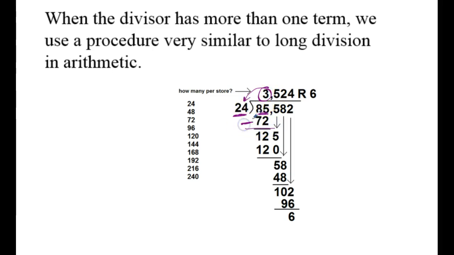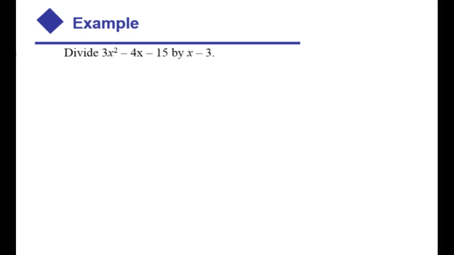And it's this subtraction that gets difficult, and I'll try to come up with a way to remind you to do that. So we subtract, get 12, and then bring down the next term and repeat the process. 24 goes into 125 5 times.